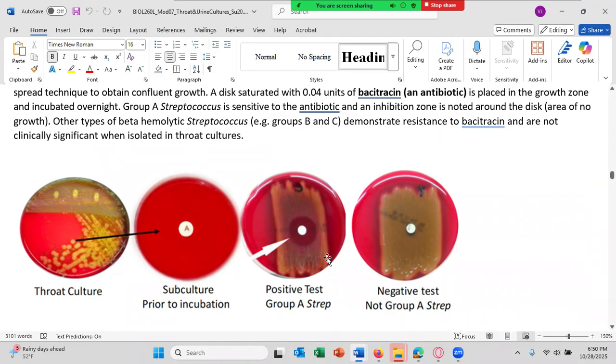If, on the other hand, the bacteria is resistant to bacitracin, then the bacteria is not Streptococcus pyogenes.